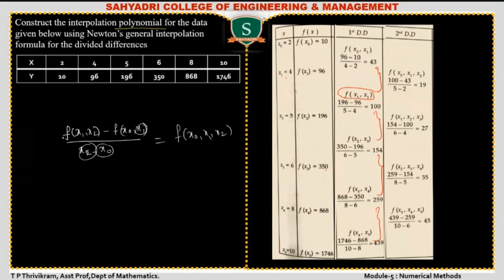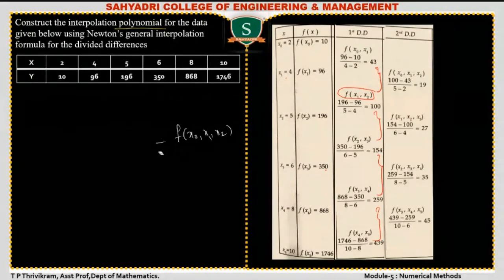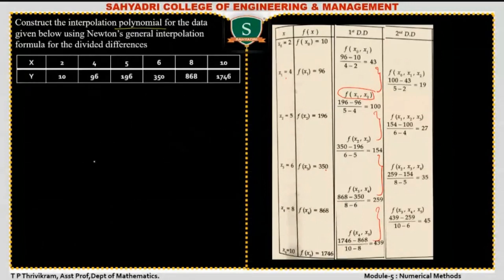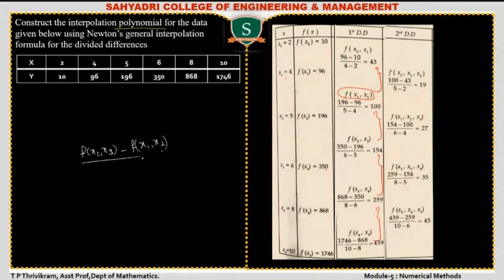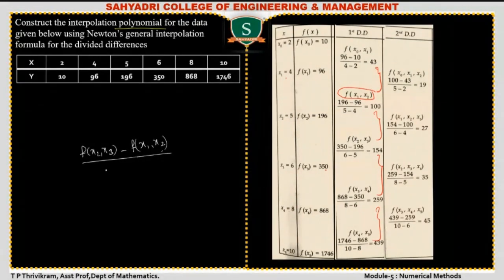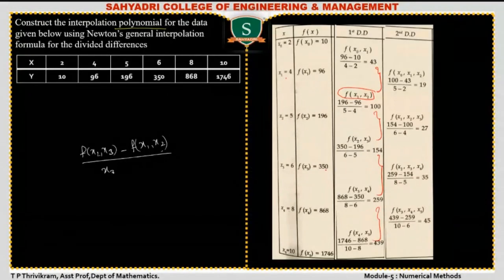Okay. Similarly, take the next difference. What is the next difference? We have taken f of x2 comma x3 minus f of x1 comma x2 divided by x3 minus x1.